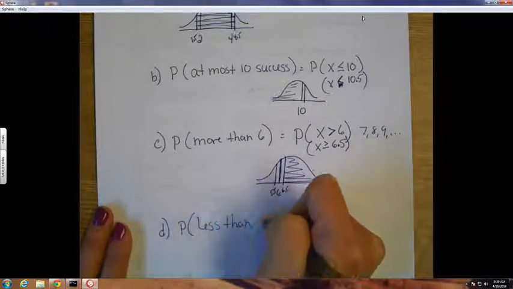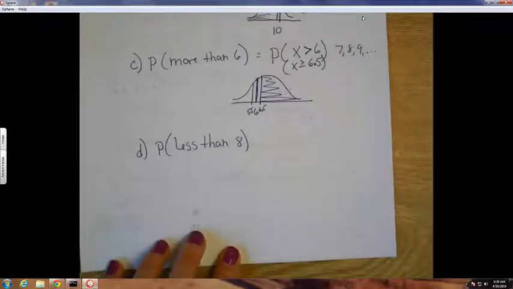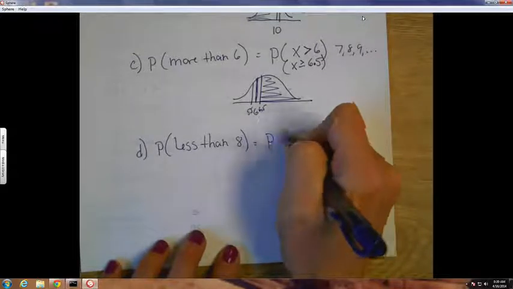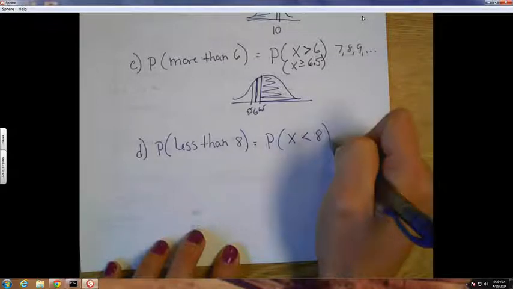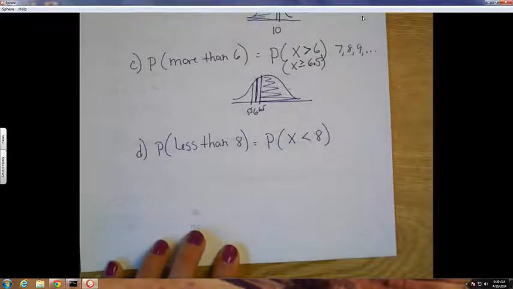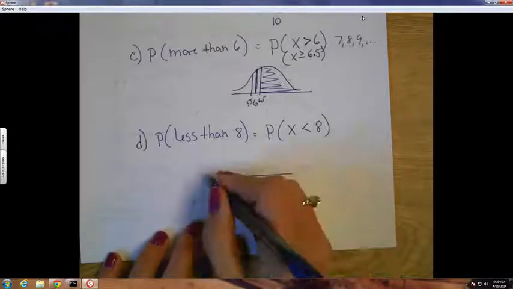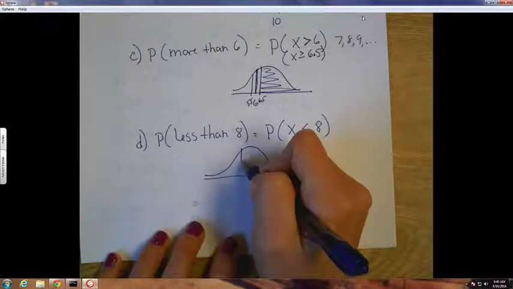Less than 8 successes. Less than 8. I think it might be helpful to put the bar in for the 8. I don't care where you put it.